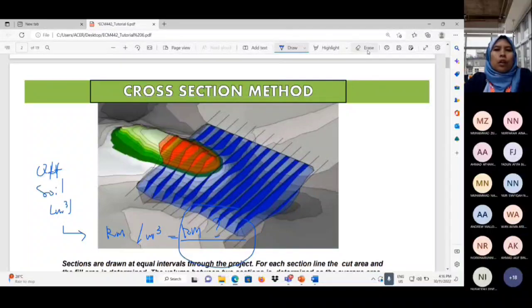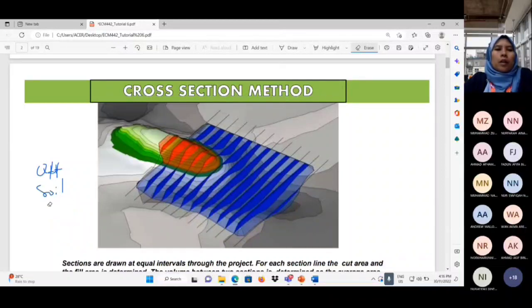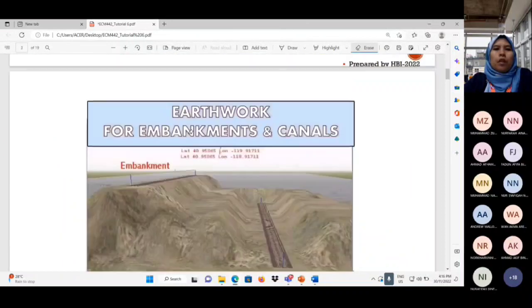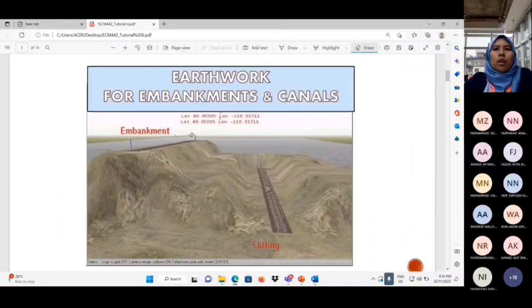Okay. So here kita akan tengok the cross section method. So for the cross section method, kita akan guna pakai formula lah. So when we talk about the formula, we need to know the infra works involving the earthwork.